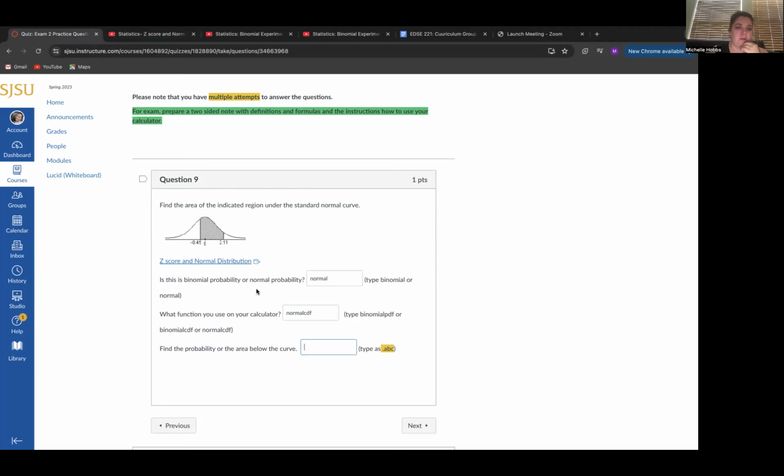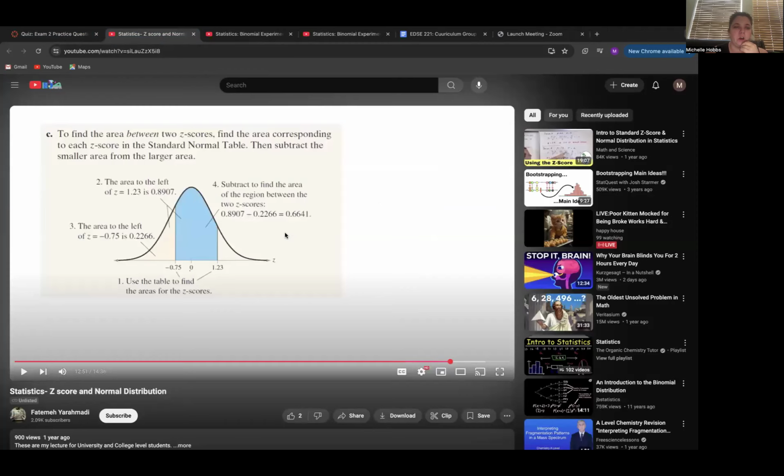So let's see. Find the probability, or the area below the curve.